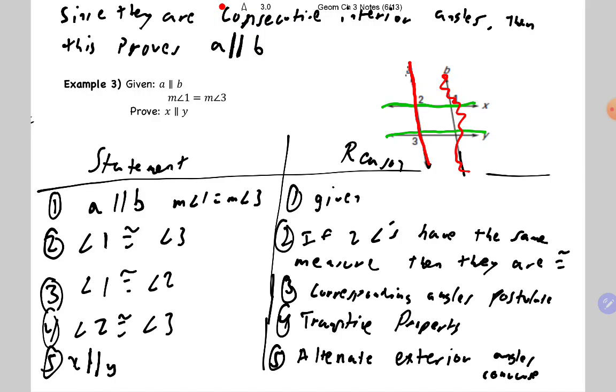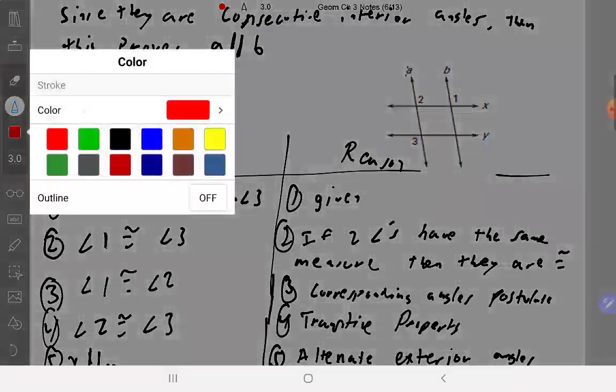So I needed to show that 2 and 3 were congruent, and because angle 1 is both congruent to angle 3 and angle 2, that means angle 2 and angle 3 are the same. And then finally, we know that these are alternate exterior, so we can use that to prove that these two lines are parallel.